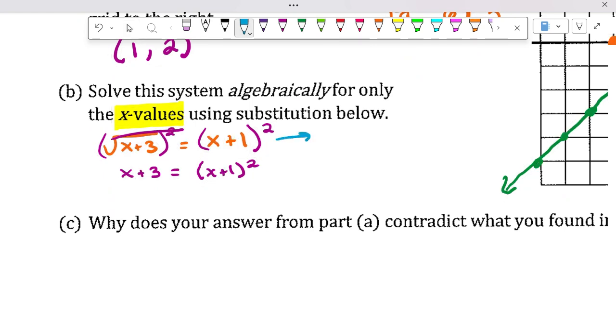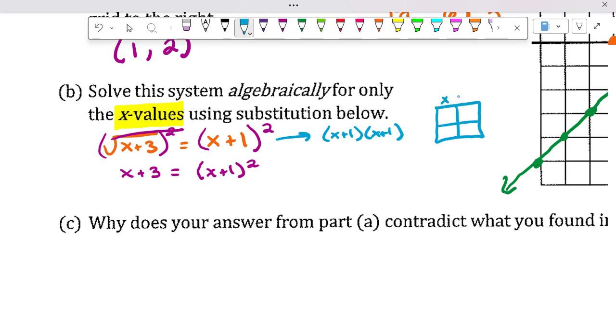x plus 1 squared is the same thing as x plus 1 times x plus 1. So what do I need to do to expand it? Guys, what's your gut instinct to take care of this? What do you do? Box method. Thank you. You either need a box or to FOIL it. So I'm going to do a quick box.